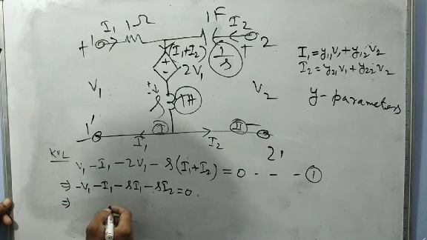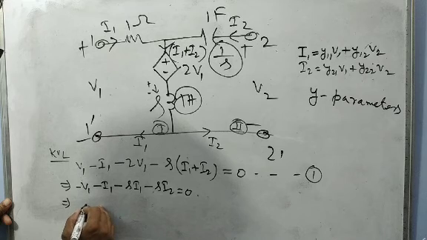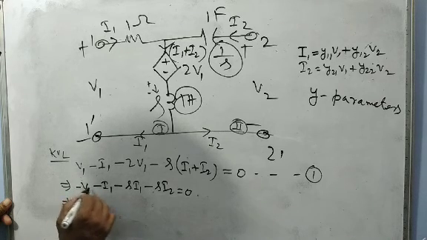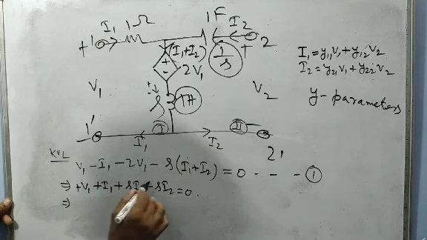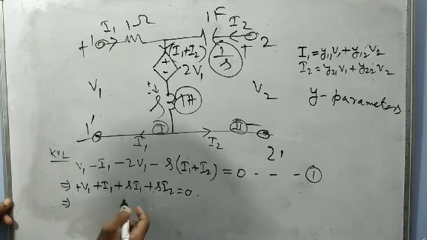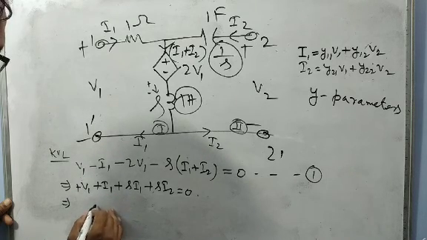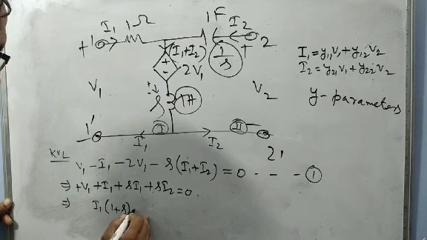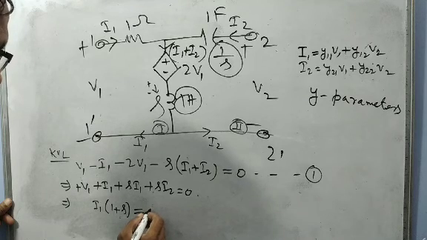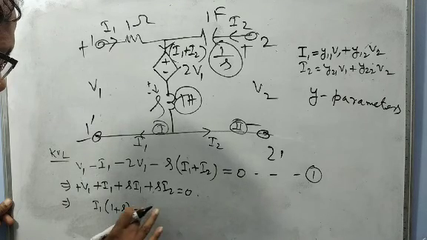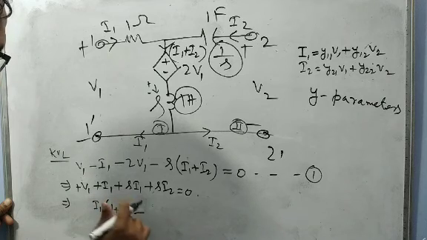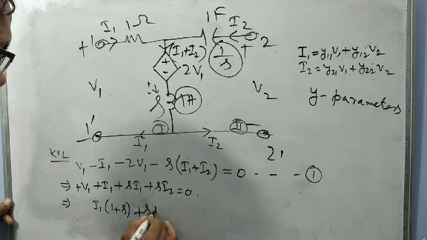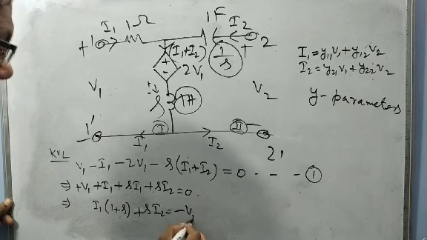Making I1 the subject of the formula, you see everywhere it is minus, so you can make it all plus, and you can write I1 into 1 plus S plus S I2 equals minus V1.